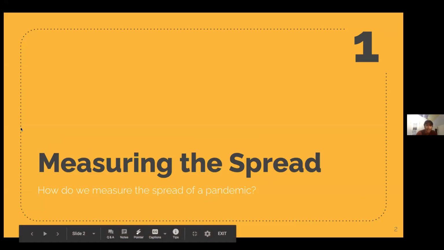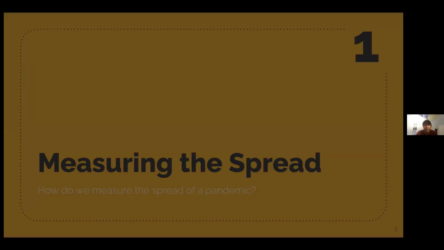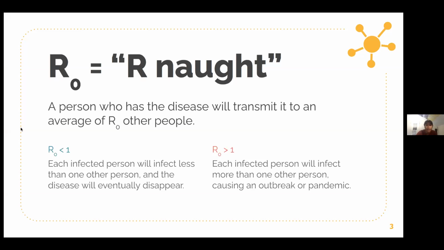So the first major thing is how do we measure the spread of an illness or virus, and specifically how do we measure the spread of a pandemic. One very important variable that people use is R0, and a few other groups have already touched on this, but basically R0 describes how many other people a host can infect.